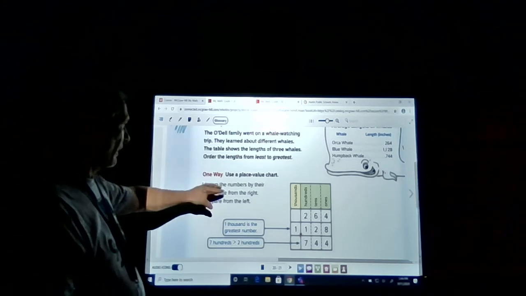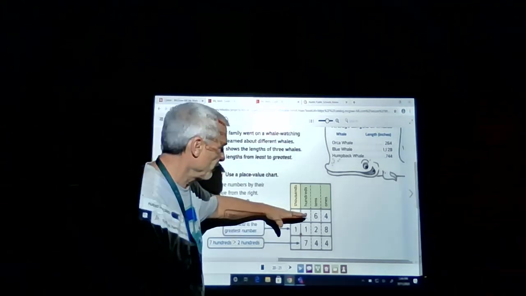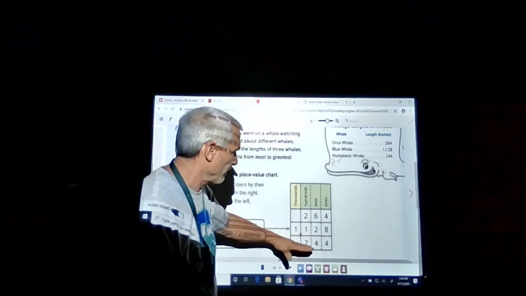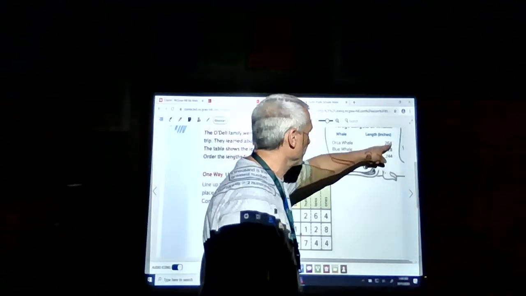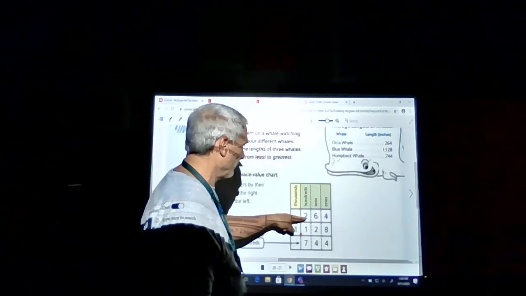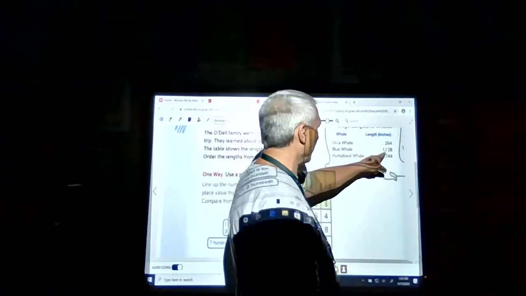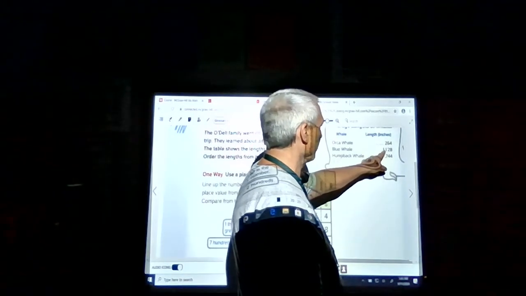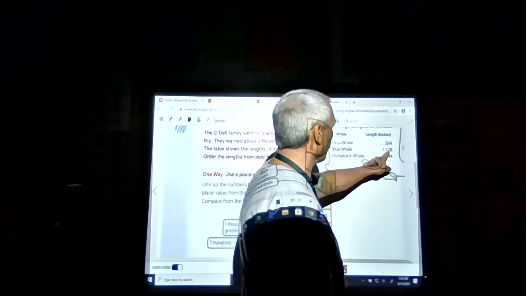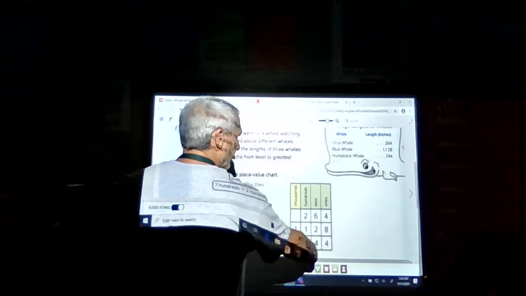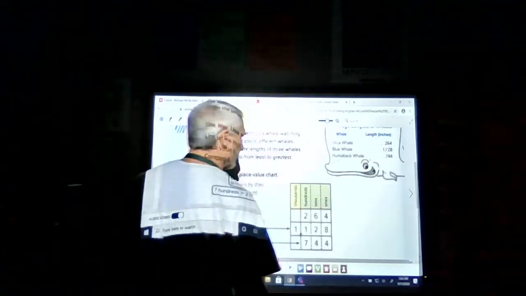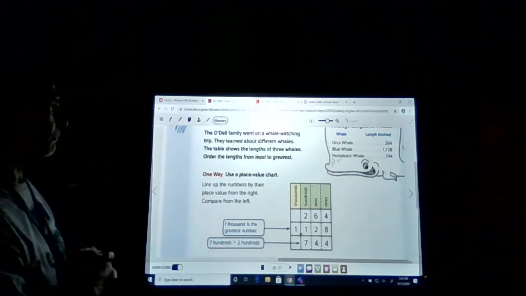Well, one way is to put in a number chart, and you're going to need to put in 3 of the numbers right here. 264 inches here, hundreds, tens, ones. 1,000, here's the comma, 1, and then we say 1,128, and they put that in here, and then 744 inches for the humpback whale.